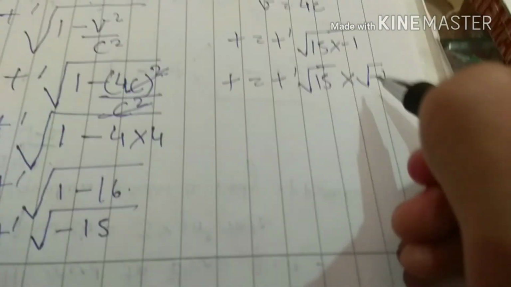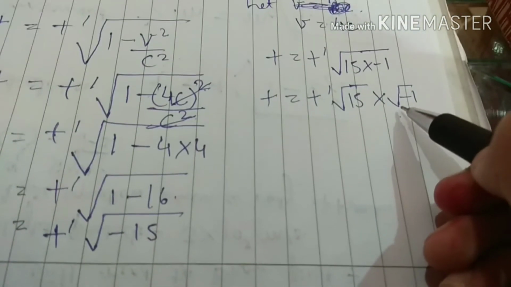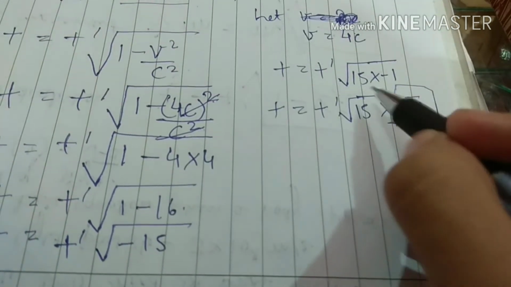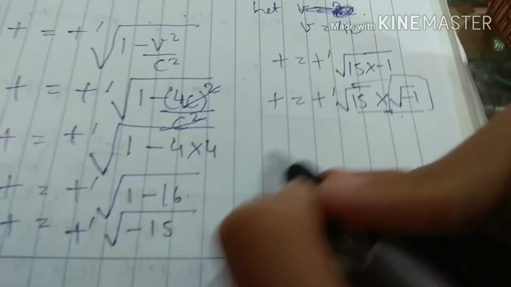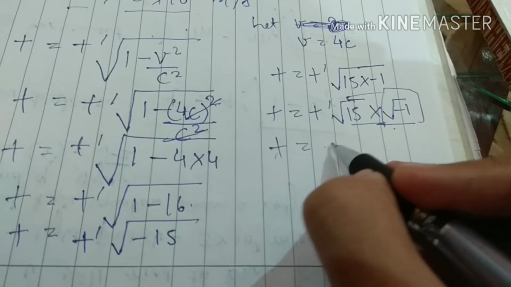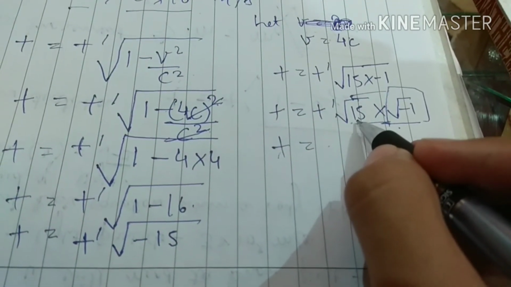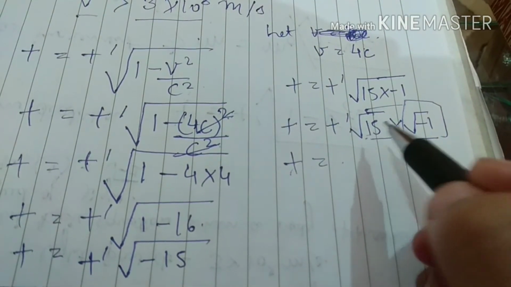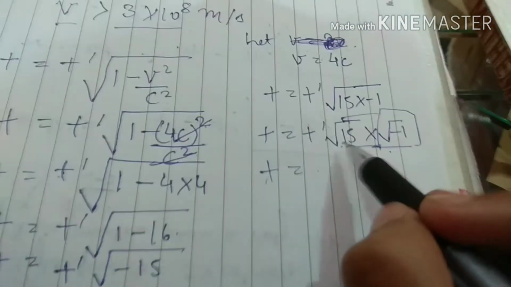So the number we got here is the imaginary number, as we can write this as this. Okay, so the square root of 15 would be an irrational number.